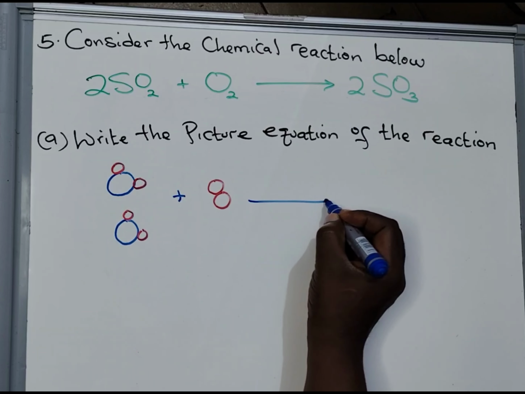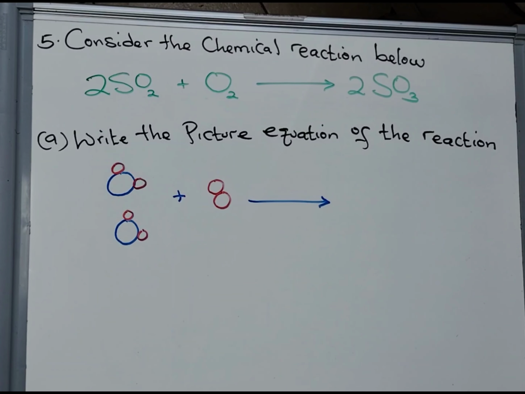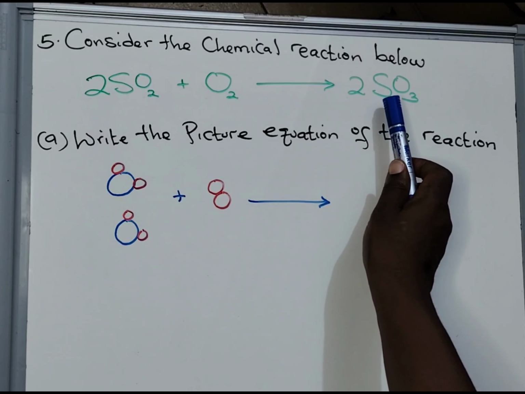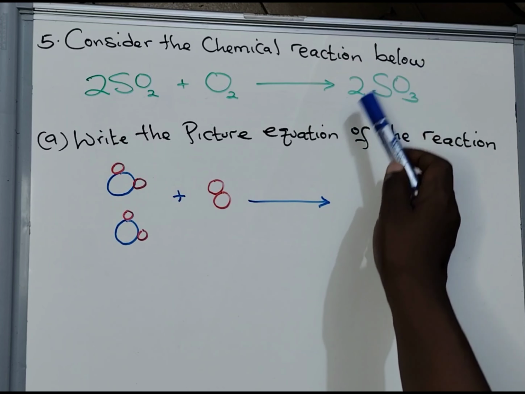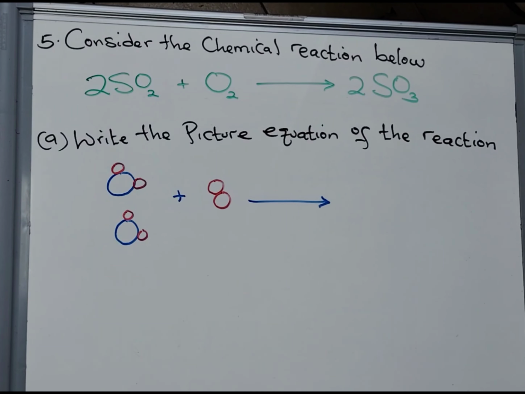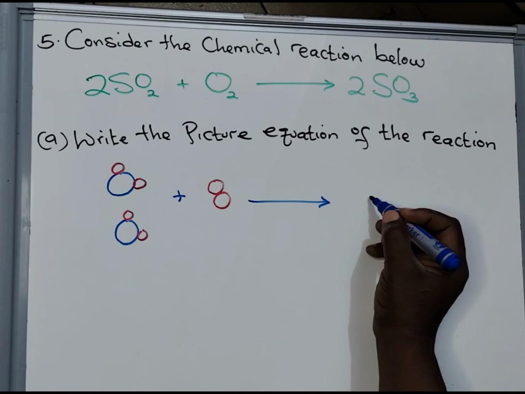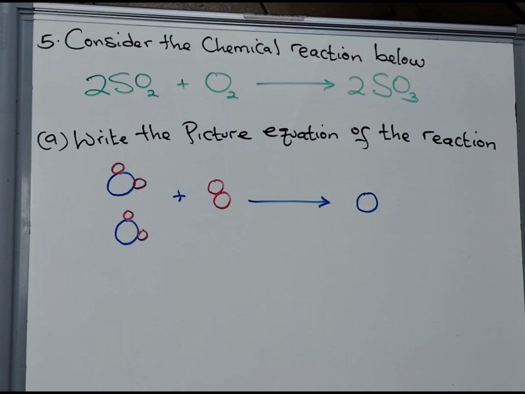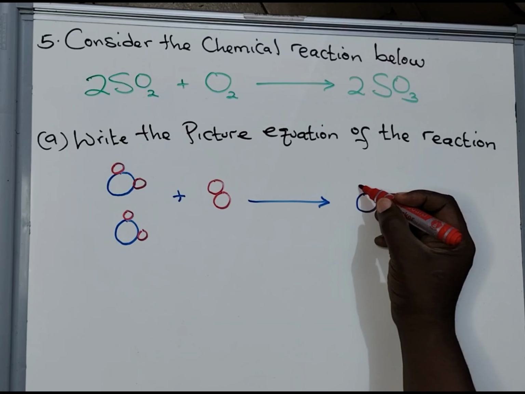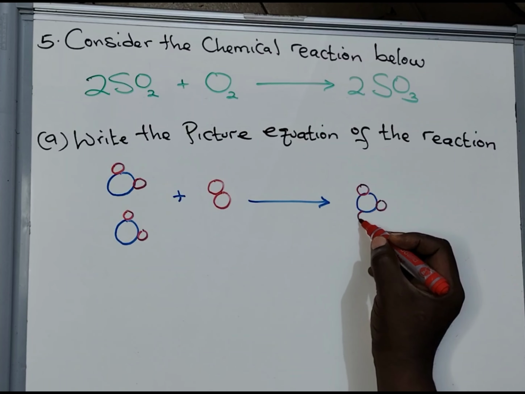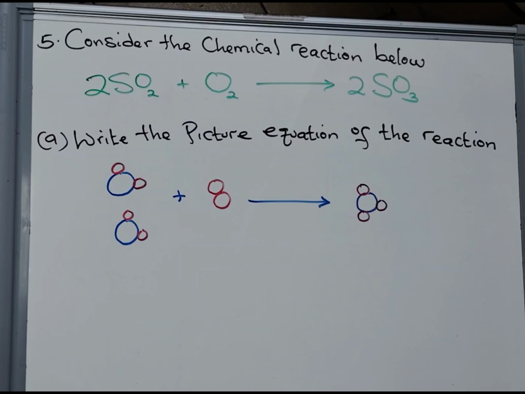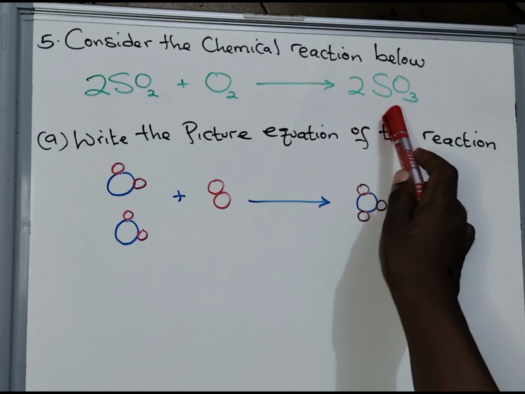Then we go to the product side. Okay, what do we have in the product? We are having sulfur attached to 3 oxygen atoms. So if this one happens to be our sulfur, then our attachments are 3. We have 1, we have 2, we have 3. But there are 2 molecules.